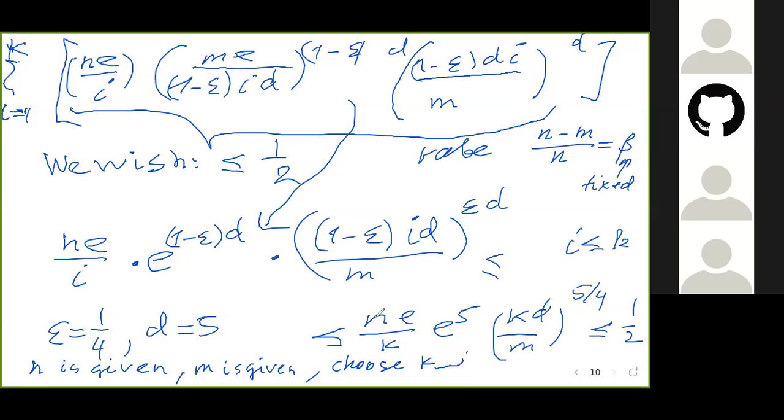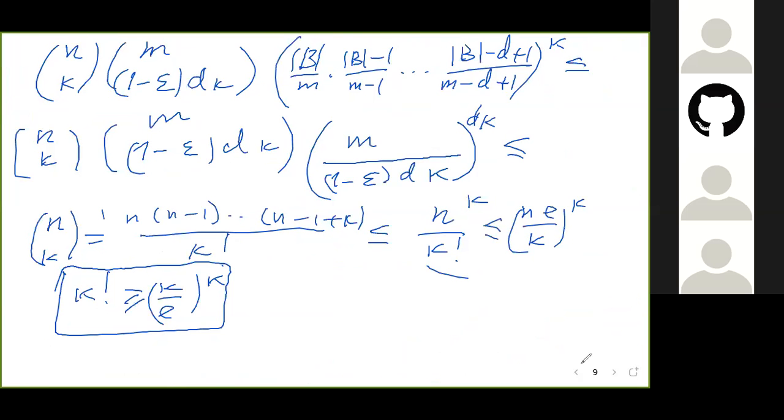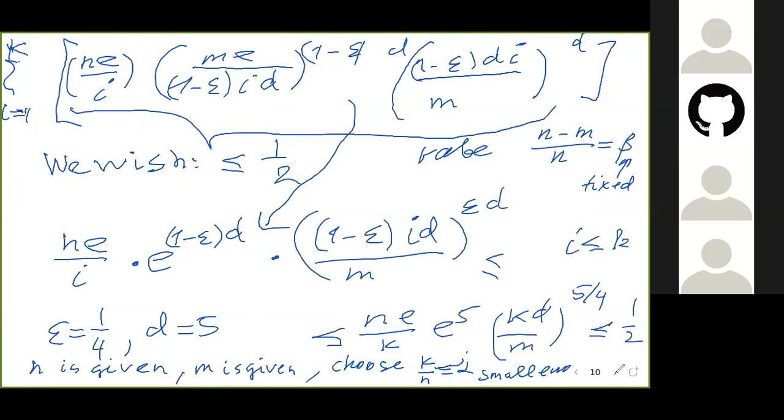Then the ratio n over m is fixed. And choosing k over n small enough, so let's rewrite it using, now we want to choose k over n, call it alpha, small enough. And if k over n is small enough, we will obtain that this is at most 1/2.